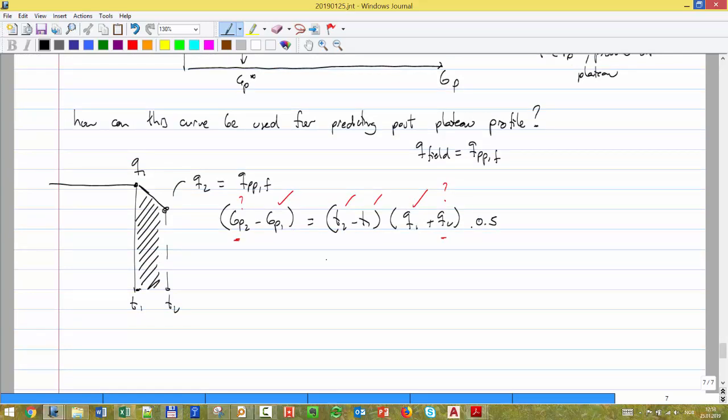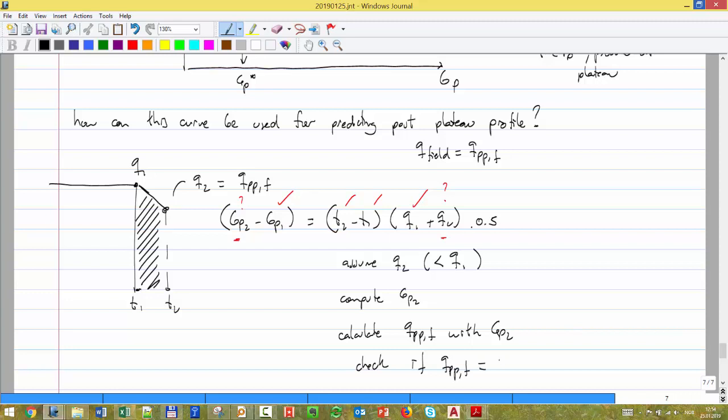So the iterative process is: assume Q2, which of course has to be below the plateau. Then I compute GP2. After that, I calculate the potential, QPPF, with GP2, and then check if QPPF is equal to Q2.